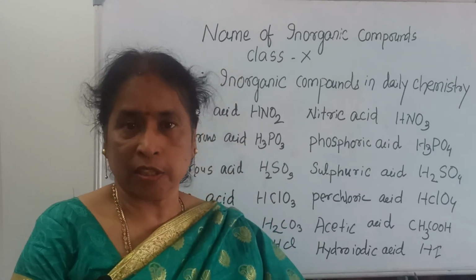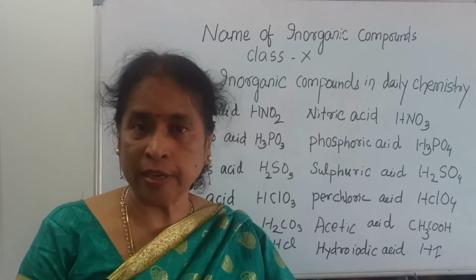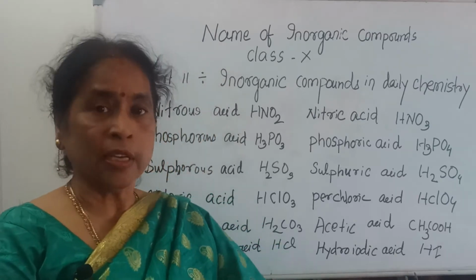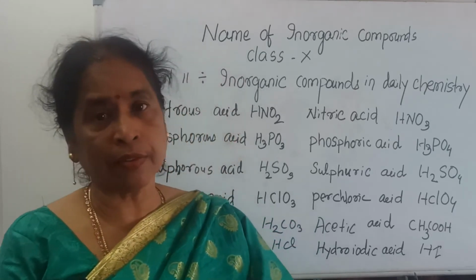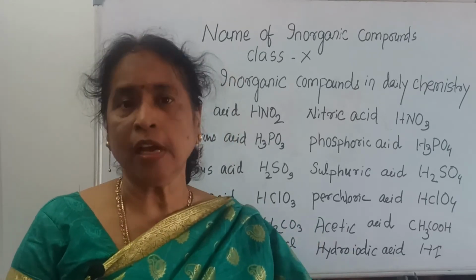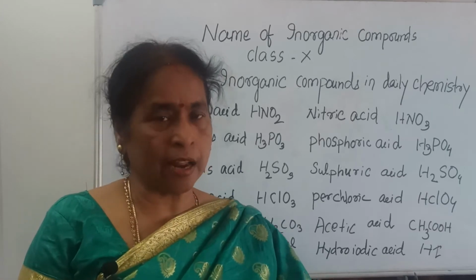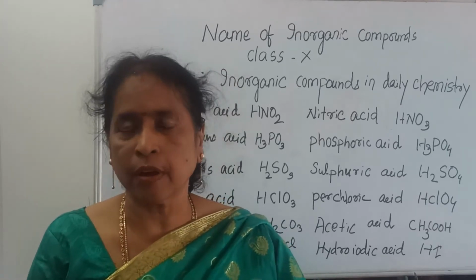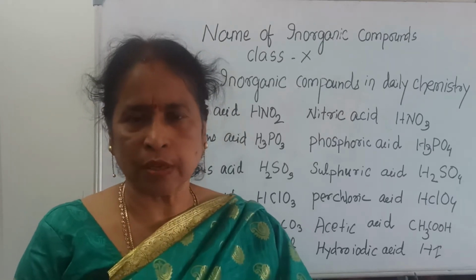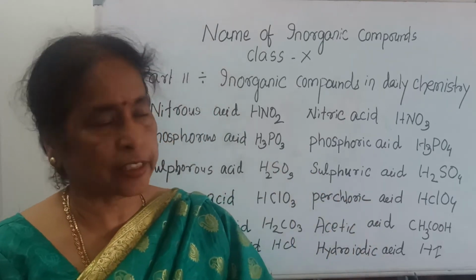That means cations: monovalent, divalent and trivalent cations. Similarly anions: monovalent, divalent and trivalent anions. Using these cations and anions, how can we write the formula of a compound? So many compounds are formed by using this track.